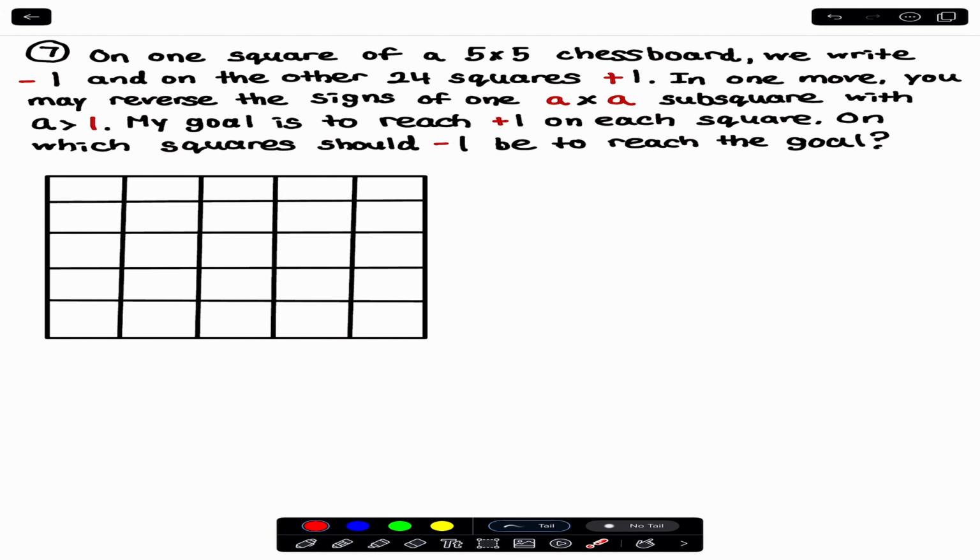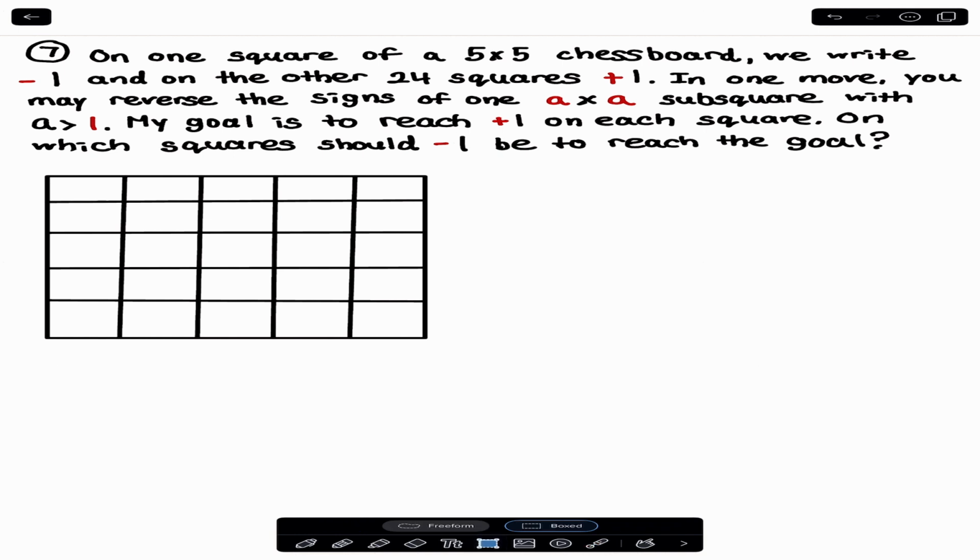In one move, you may reverse the signs of a 1 by a subsquare with a greater than 1. The goal is to reach +1 on each square, so every square should be +1. So that's 25 squares with +1s in the end after however many moves. So on which squares should this -1 be to reach the goal?